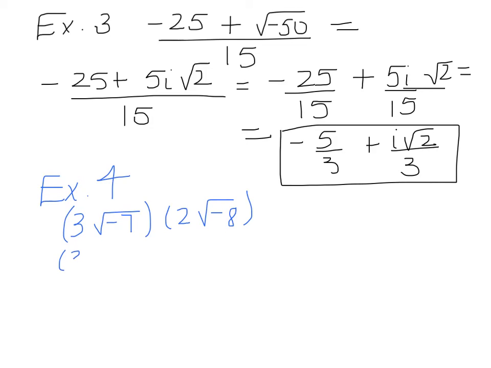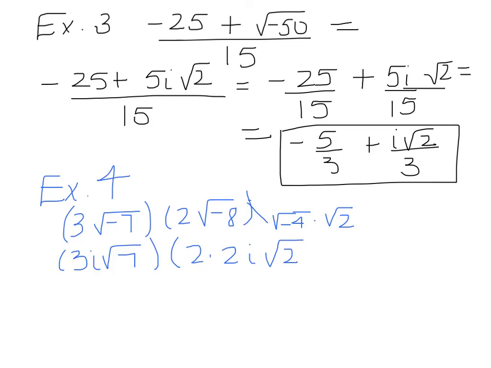So you always simplify it first. So the i comes out, and then negative 8, that'll be the square root of negative 4 times square root of 2. So that'll be 2 times 2i radical 2.